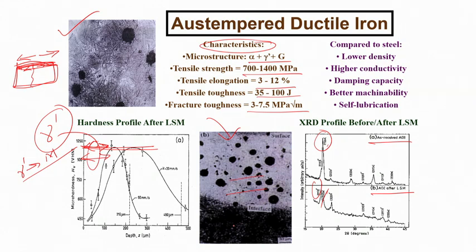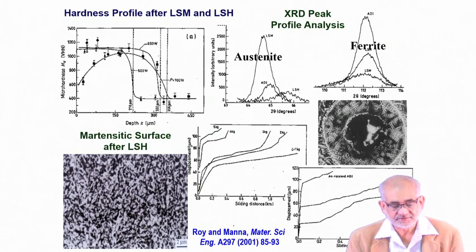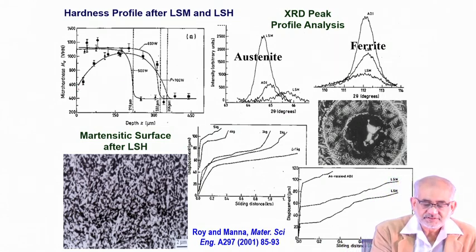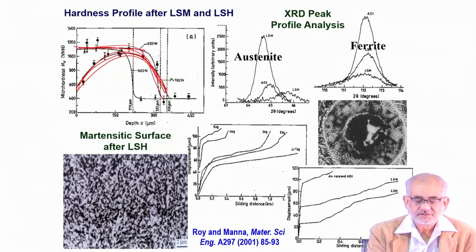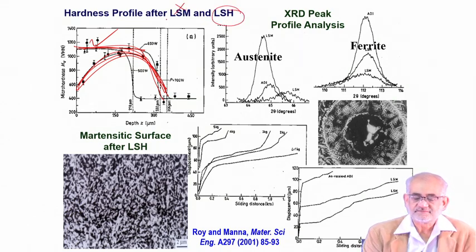So what we showed was that by very careful manipulation of process parameters, instead of a Gaussian distribution of hardness profile, you actually can get a fairly flat hardness profile on the surface. So this is what we want. How do we achieve this? We achieve this by ensuring that we have laser surface hardening and not laser surface melting.